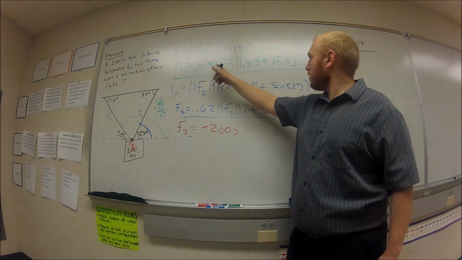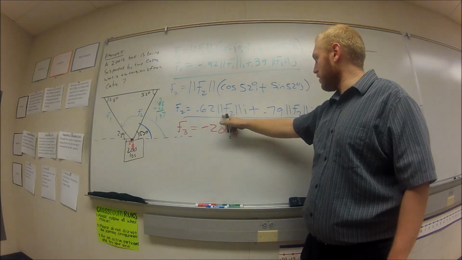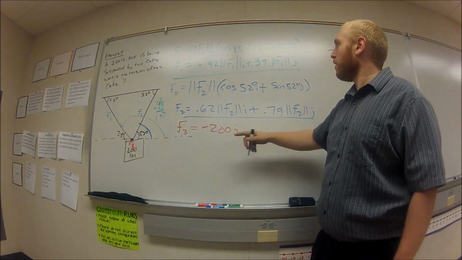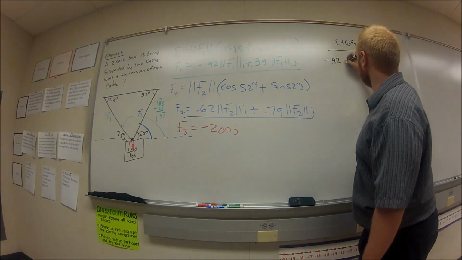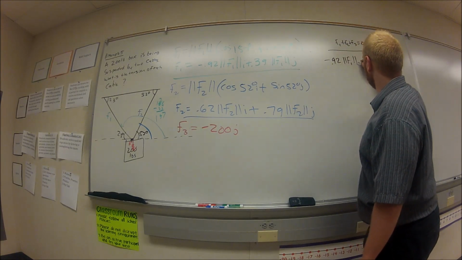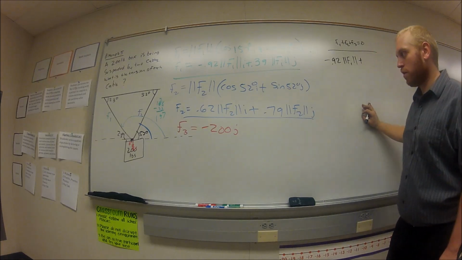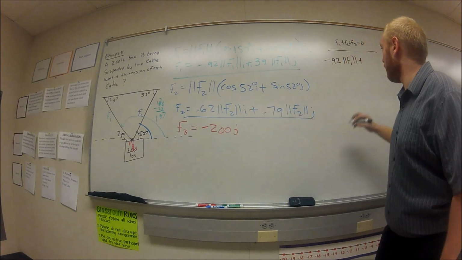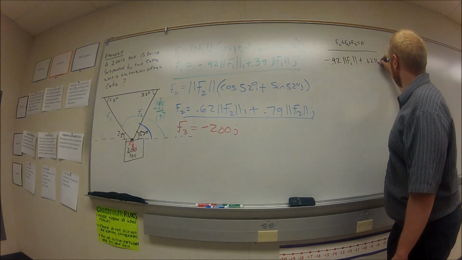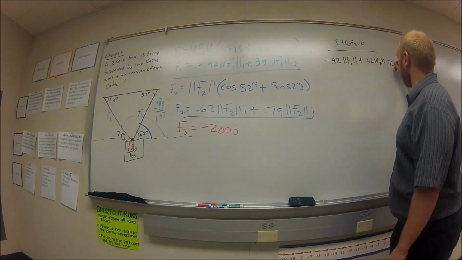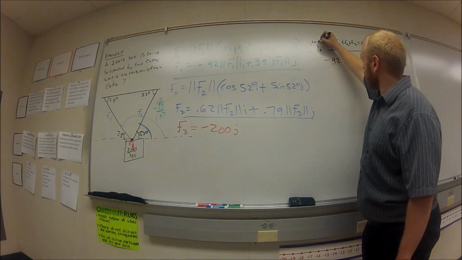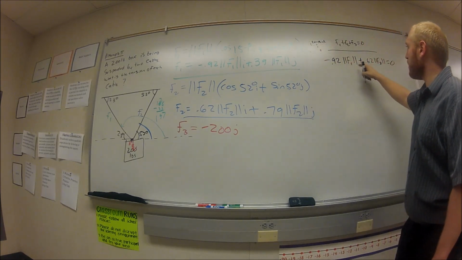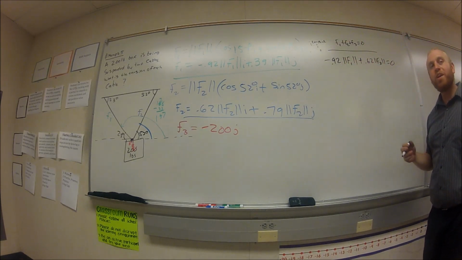There's an i, there's an i, no i. So we're going to want negative 0.92 times F1 plus 0.62 F2 equals 0. Notice that this is the i component. I didn't put the i's because, remember from the last example, we didn't need them anyway.